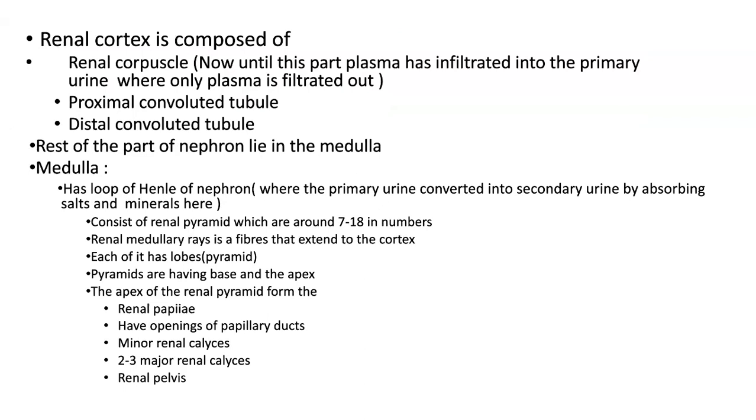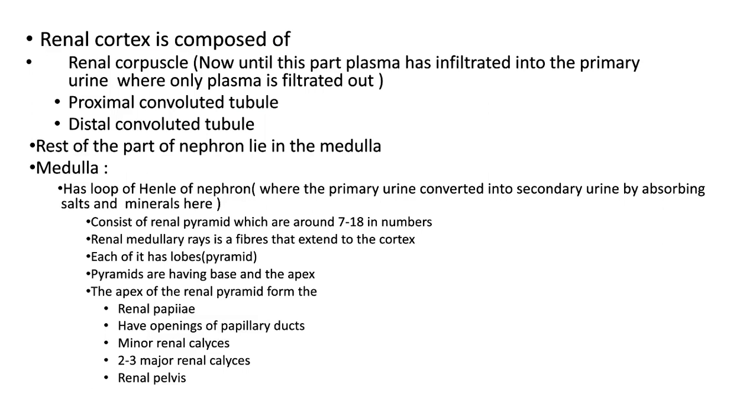The next component of the renal cortex is the proximal convoluted tubule, then the distal convoluted tubule, while the rest of the nephron lies in the medulla. In the medulla, the loop of Henle of the nephron converts the primary urine into secondary urine by absorbing salts and minerals from it. It consists of renal pyramids, which number around 7 to 18.